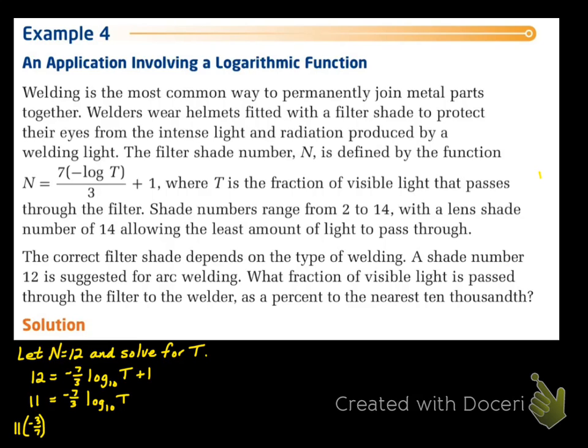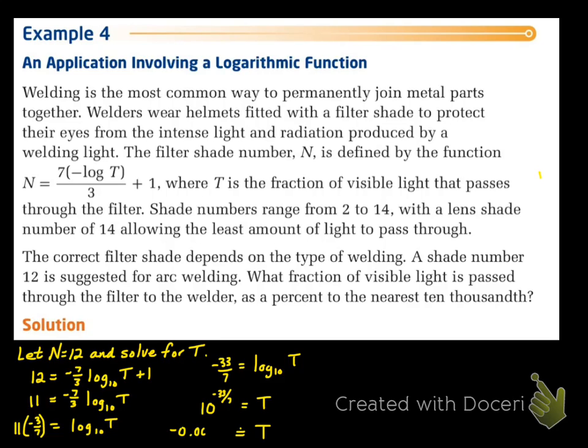Take away 1 from both sides, and you're going to get 11 is equal to -7 over 3 times log base 10 of t. Now, since it was -7/3, we're going to multiply by the reciprocal, which is -3/7. And 11 times -3/7 is going to equal the log base 10 of t. That means that -33 over 7 is log base 10 of t.